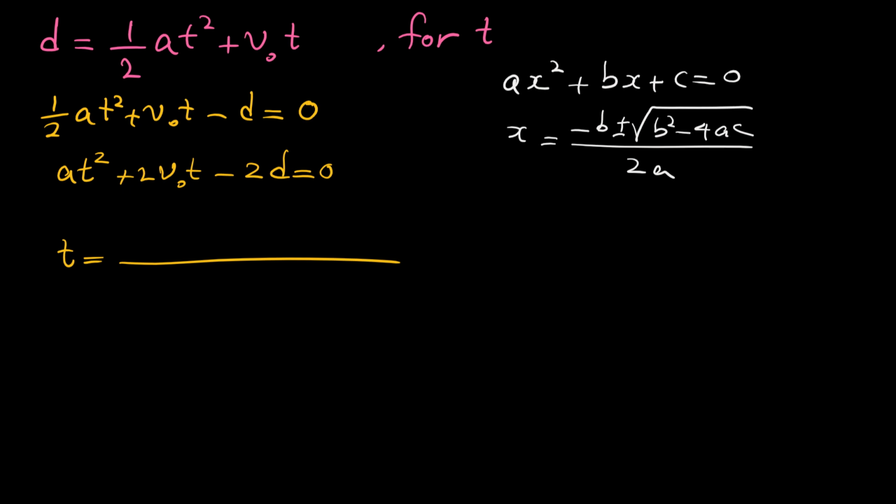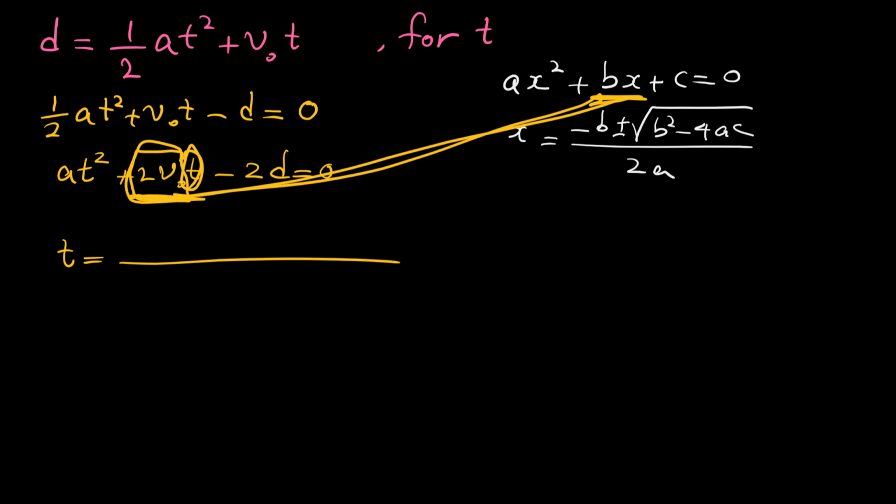negative b. What is b here? This is b basically, b times x, b times t. T is x here.